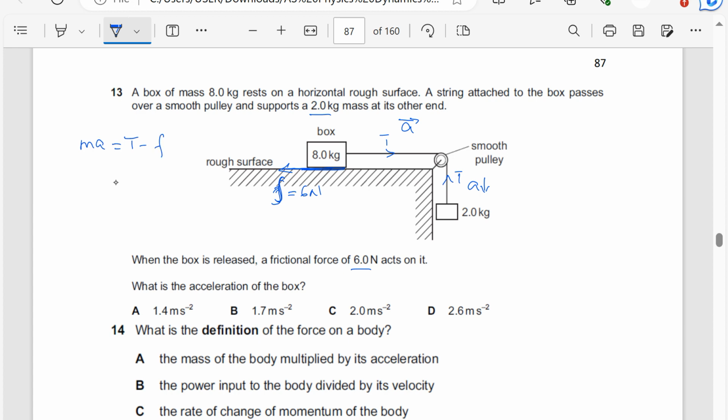So the mass of the box, 8, times its acceleration a should be equal to the tension minus the frictional force F. Then if I consider the 2 kilogram mass moving downwards, the resultant force, using resultant force equals ma, is 2 times its acceleration a, equal to the weight downwards, which is 2 times g, 9.81.